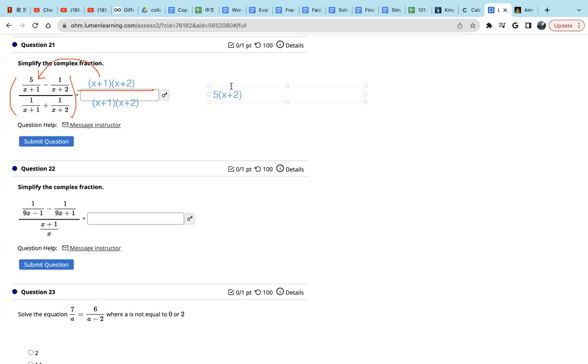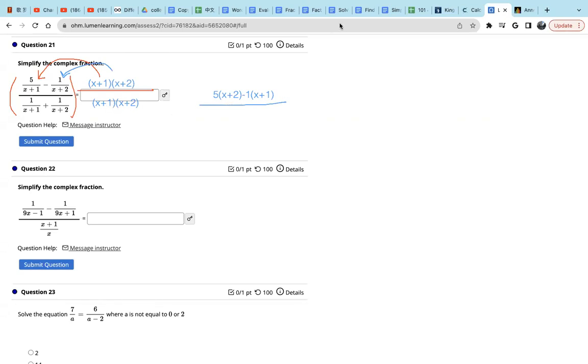When we multiply with the second one, it becomes minus 1 times x plus 1, because x plus 2 over x plus 2 is simplified. When I multiply this one with my second term, x plus 2 over x plus 2 becomes 1. So I'm left with 1 times x plus 1.